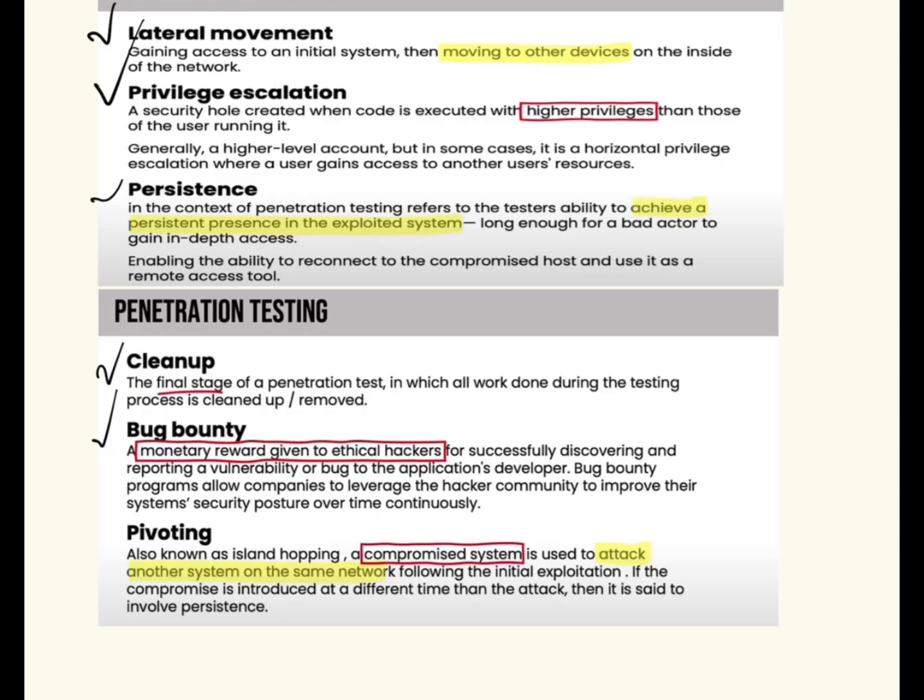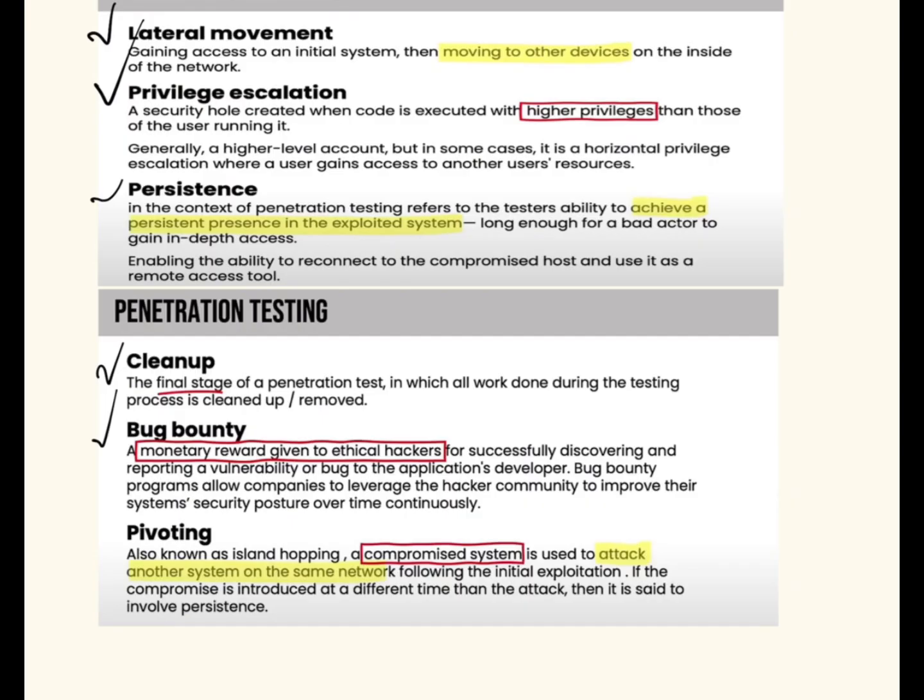That means a company does not need to hire a hacker. They can rely on ethical hackers, and if they find something, they get a monetary reward. In some companies they have a dedicated department that takes care of these topics along with the ethical hackers. So that is bug bounty.